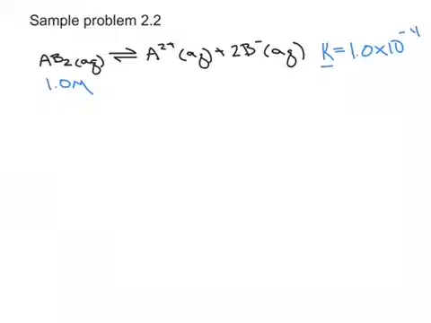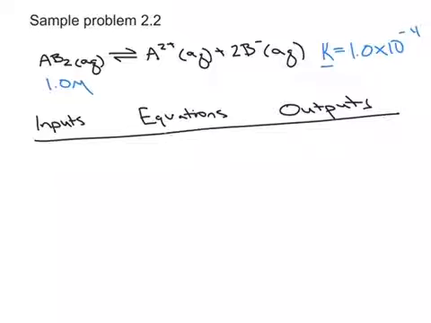So let's define our inputs, or what we know. Then we'll work on the equations that we know and determine what we need to solve for in Mathematica, or our outputs. Let's assign our variables. We'll call AB2 x, A2+ can be y, B- can be z.